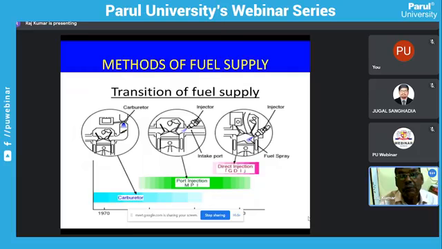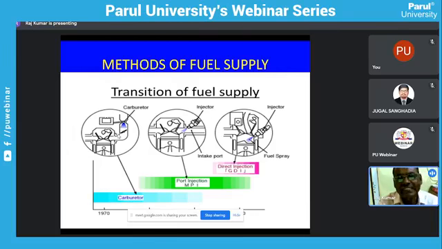Then comes the method of fuel supply: how the fuel is supplied to the engine. In the conventional type, we have a carburetor, a device which supplies the air and fuel mixture. The mixing takes place before the combustion chamber, in the carburetor.